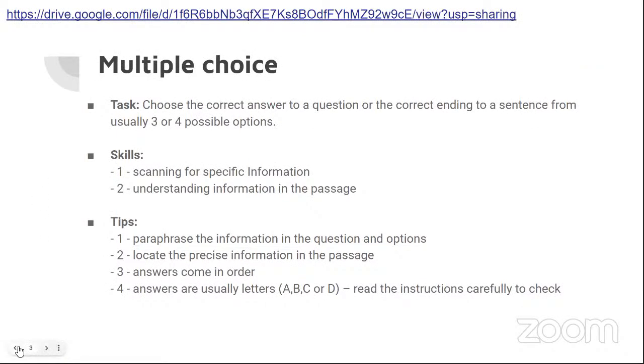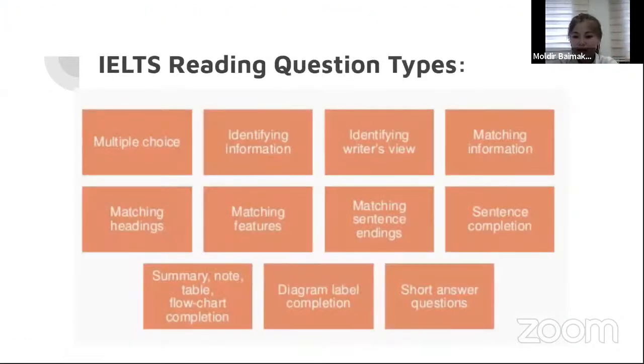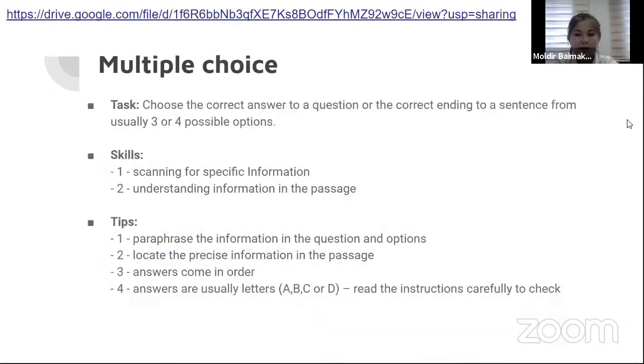No, I thought you would start from the first one. There are only three types, and we will really consider them because these are the most difficult ones. But I think I've explained every single one as well. Okay, cool.